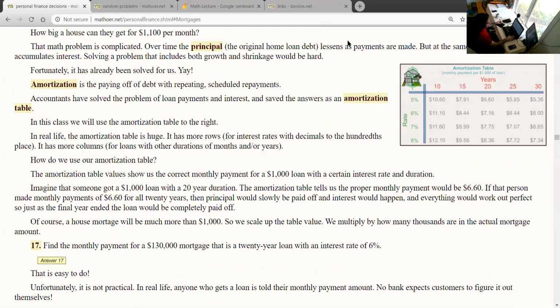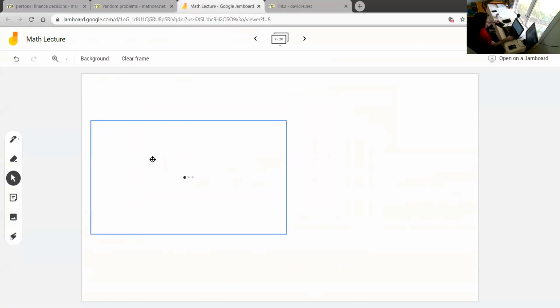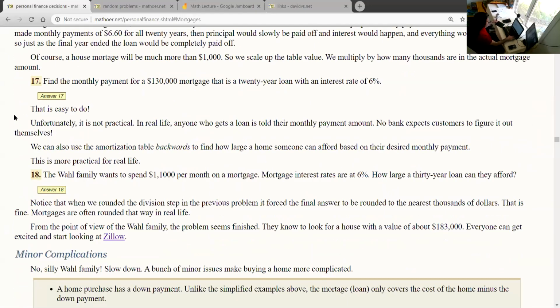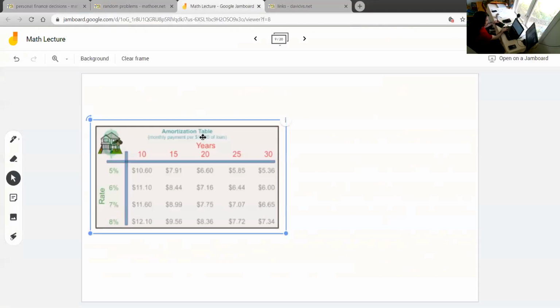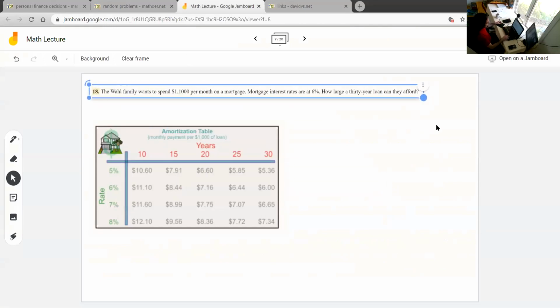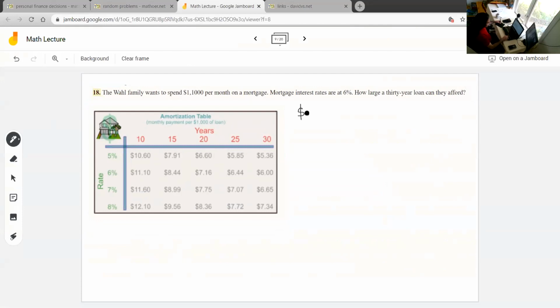I'm going to again get my table ready for us when we need it. Okay, back to our hypothetical family we've been looking at. So their numbers where they want to spend 1,100 per month.